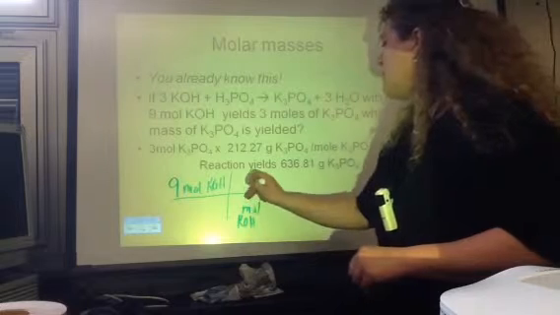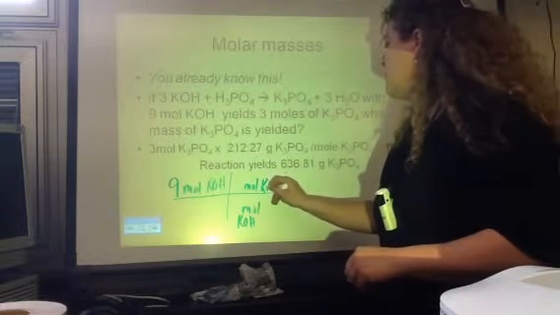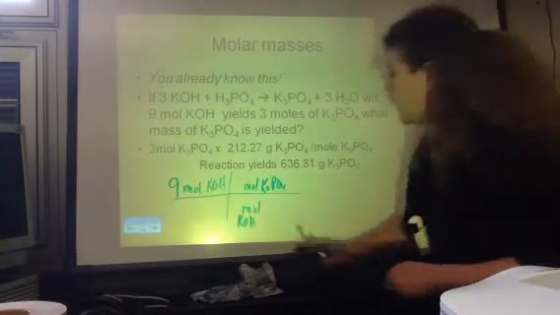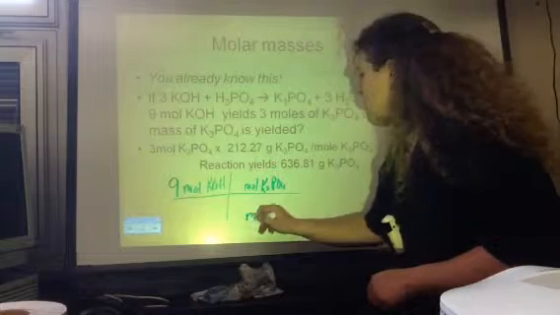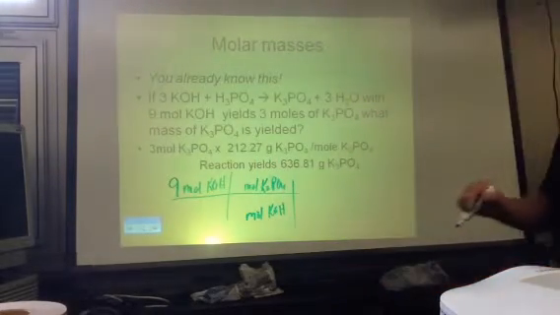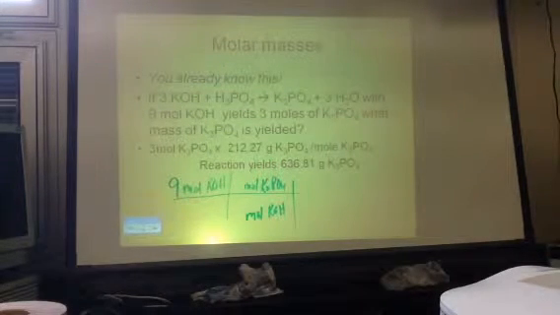So we've got moles of potassium hydroxide, moles of potassium phosphate. So we got as far as figuring out how many moles of potassium phosphate we could produce. Well, who cares?